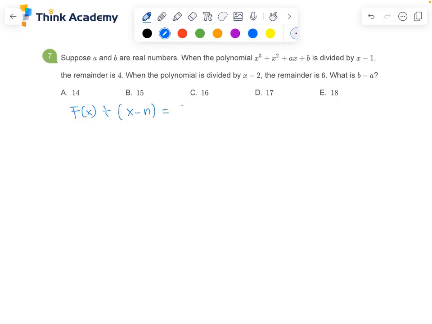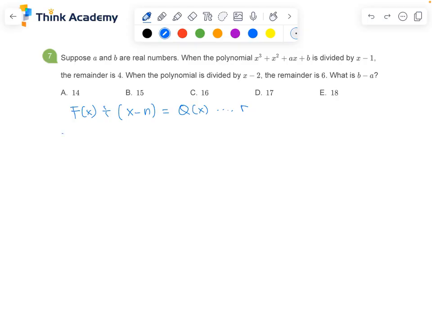Well, I would have a quotient, let's call it q(x), and I would have a remainder, let's call it r. Because the divisor is first degree and the remainder must have less degree than the divisor, our remainder would simply be a constant, just a number.